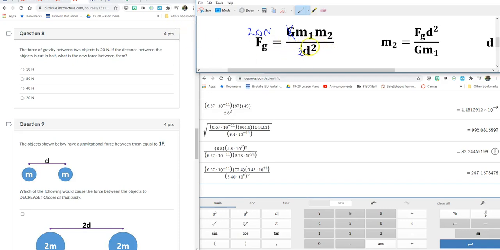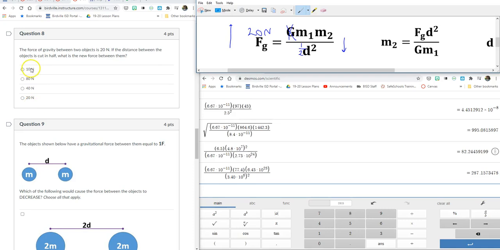So if you change one thing on one side of the equal sign, it's going to change the other thing. And force and distance are what we call inversely proportional, which means if one goes up, the other one goes down. If one goes down, the other one goes up. So if distance goes down, meaning it's cut in half in this case, we know that force is going to go up.